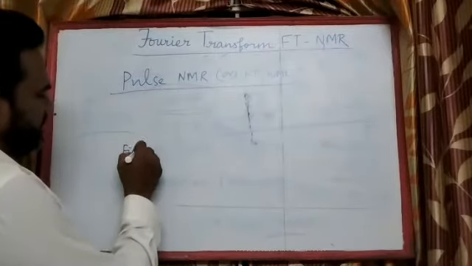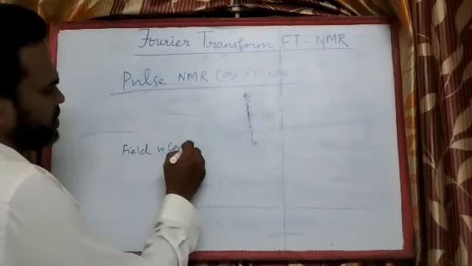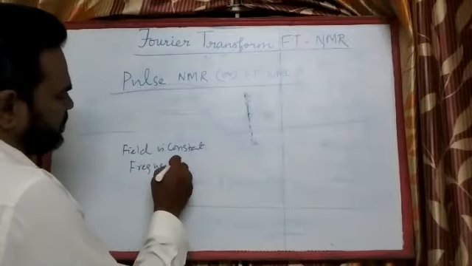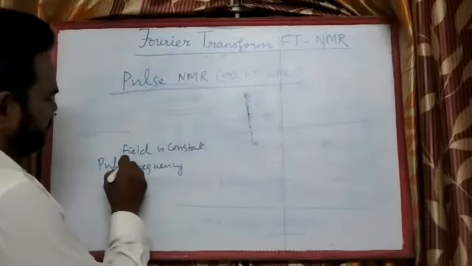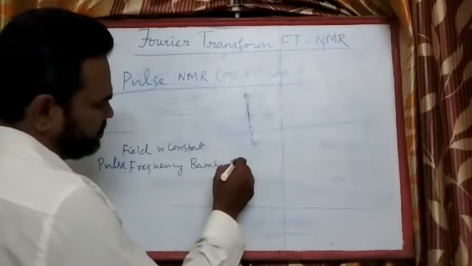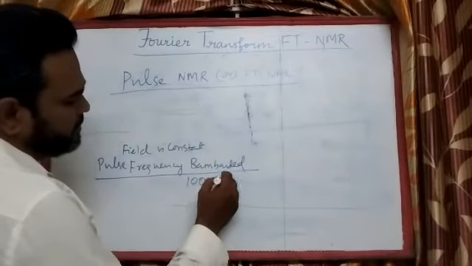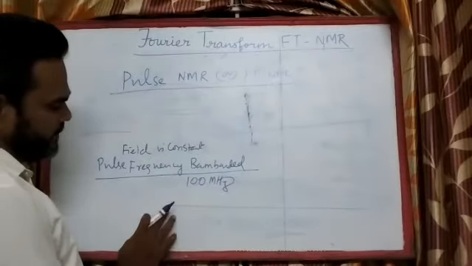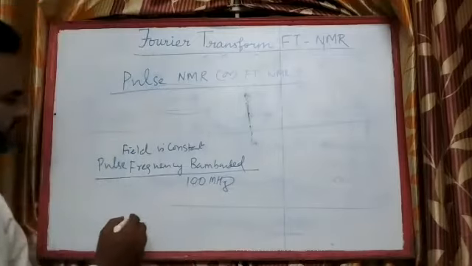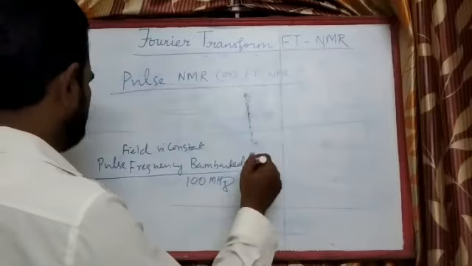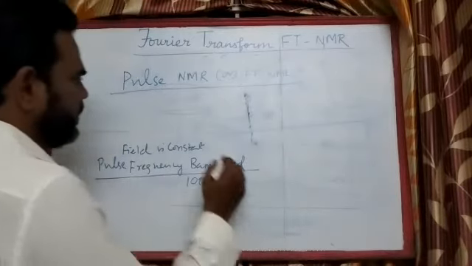In this case, the field is maintained constant, and a pulse of frequency, say about 100 megahertz, is bombarded in order to get a signal. So that we will get a time shift.